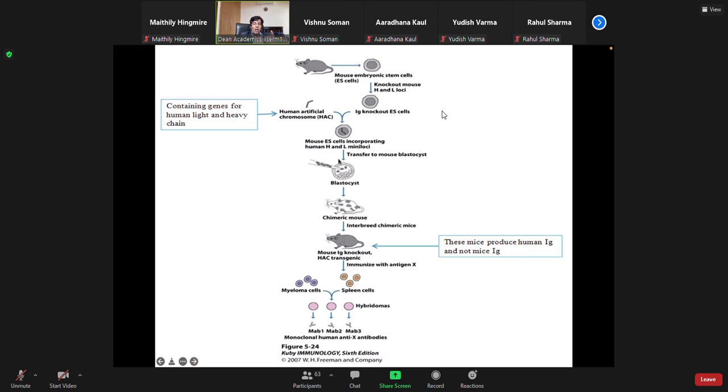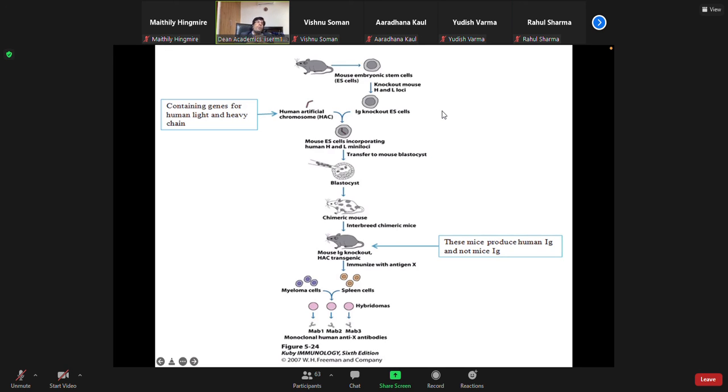So once this mouse is able to have this implanted blastocyst, you have a heterologous sequence from a different species, in this case human, but as this is a mouse, that is why you call it a chimeric mouse.